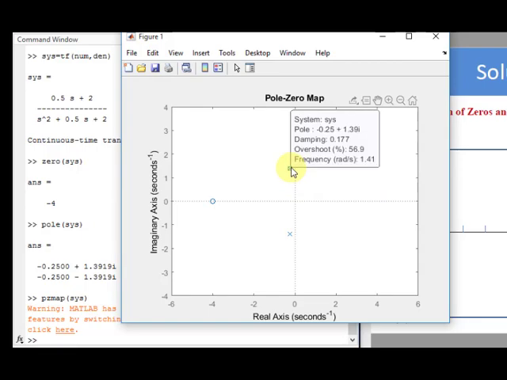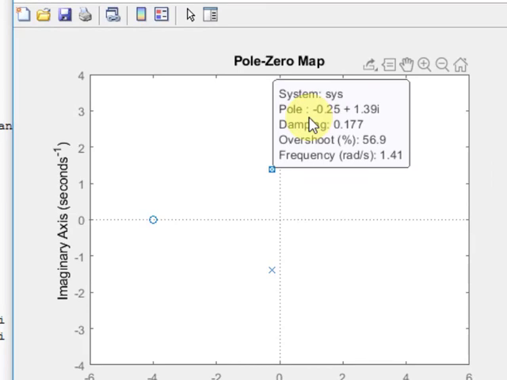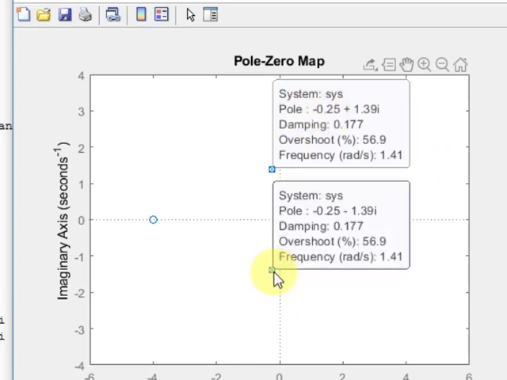So let us check the values of the poles. These are the poles of the system transfer function sys. The first pole is -0.25 plus 1.39j. Here itself you will get the damping factor 0.177. Percentage of overshoot, though we are not calculating, we will understand in the next examples where we calculate it, as well as the frequency, it is 1.41 radian per second. But we have to focus on two poles, the first pole and the second pole.